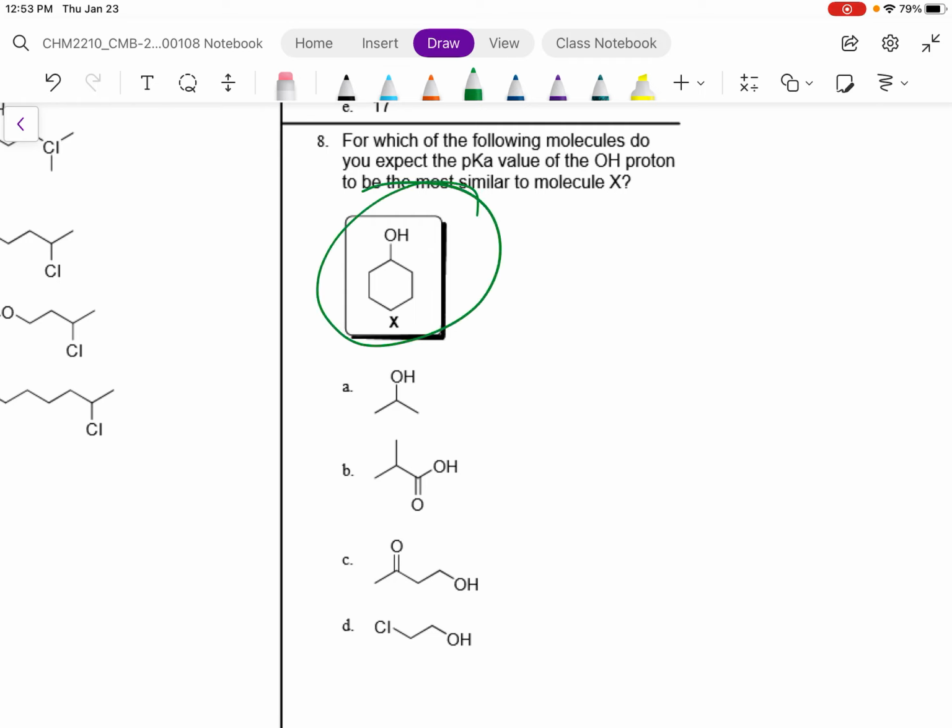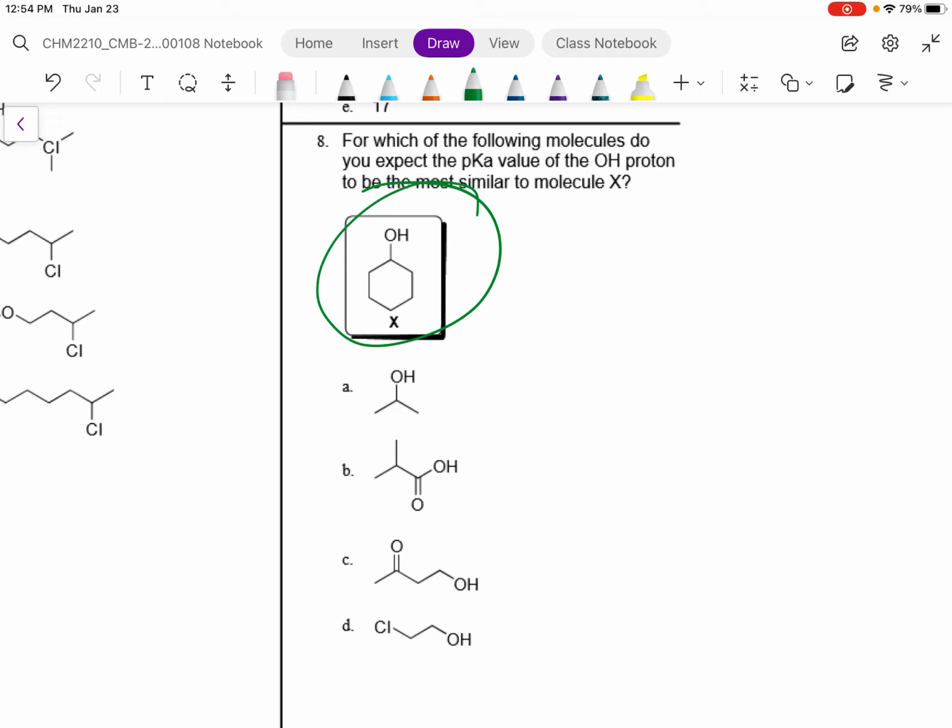What functional group do we have? An alcohol. So when you go to the pKa table to get a rough estimate, so that molecule that's shown in molecule X, you will not find that structure in the pKa table. But you will find one of the ones in answer choices A through D in the pKa table.